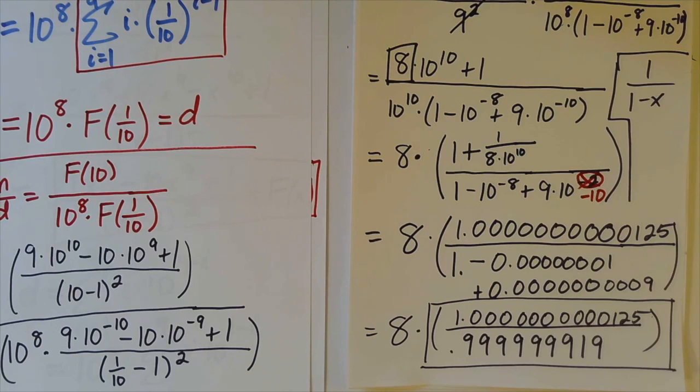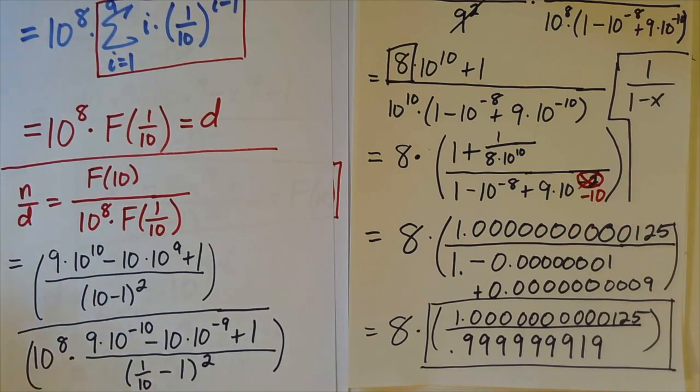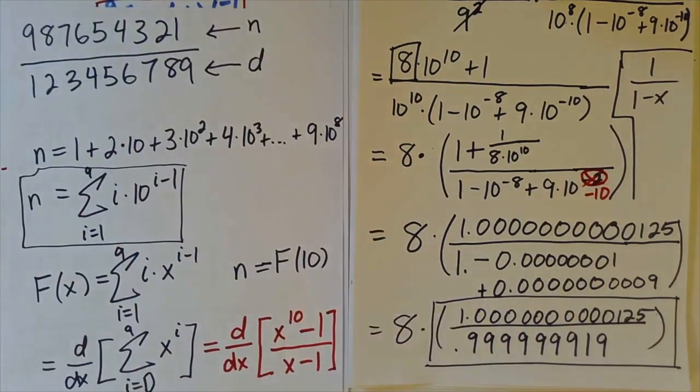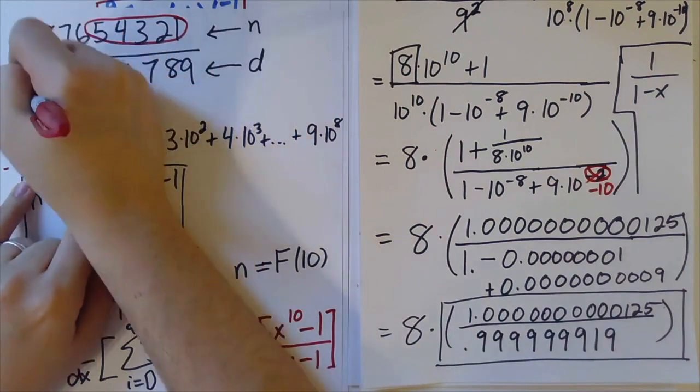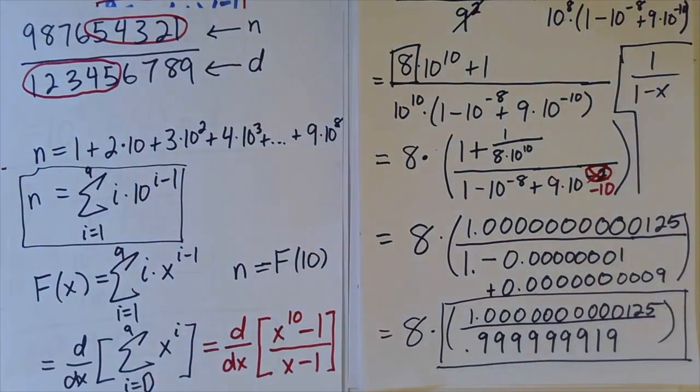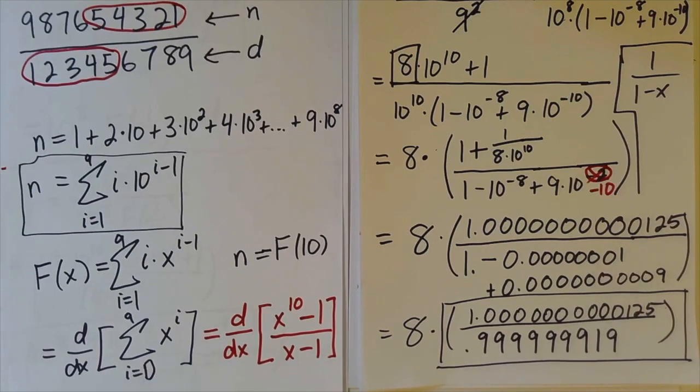And so the very first thing I tried when I was sitting down to try and figure out why on earth this could possibly be true, was I tried to say, okay, what if instead of taking 987654321 and dividing it by 1, 2, 3, 4, 5, 6, 7, 8, 9, what if I took just 54321 divided by 1, 2, 3, 4, 5? And as it happens, that doesn't work out to be nice at all. It works out to be just some basically ugly decimal.